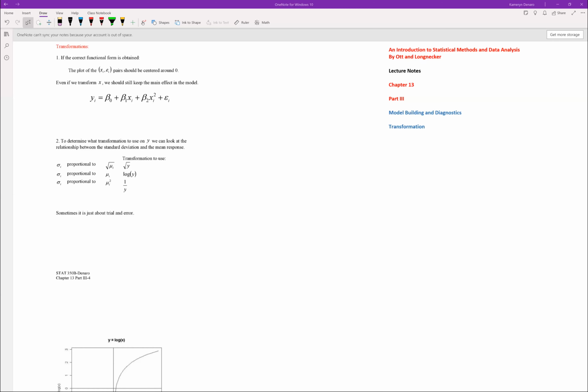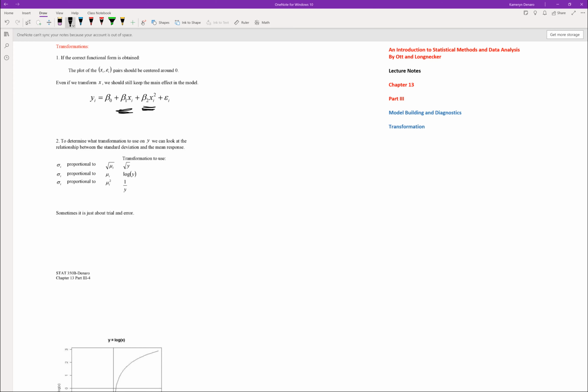Whenever we make our transformation, we're going to include the main effect in the model. So for example, if I'm going to use xi squared, I'm going to keep the xi in the model, right?